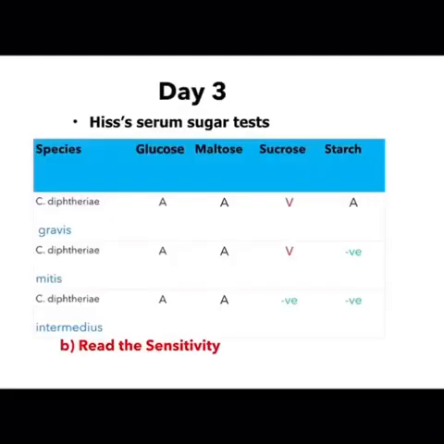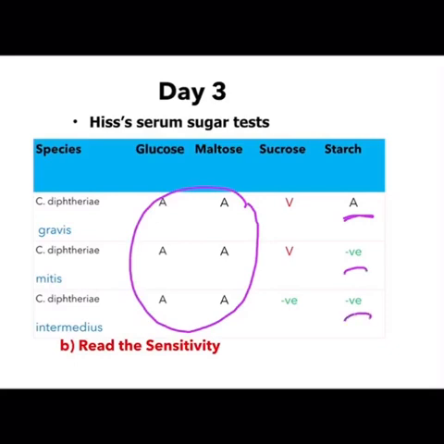So day 3 will be the result interpretation day, and you will interpret the Hiss's serum sugar tests. You can find glucose and maltose, there is acid fermentation for all of these three biotypes. Starch is positive in case of gravis, and it is negative for mitis and intermedius.